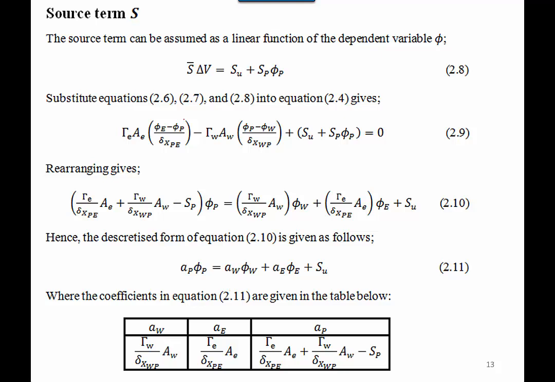there are 4 phi P values, 3 phi P values.